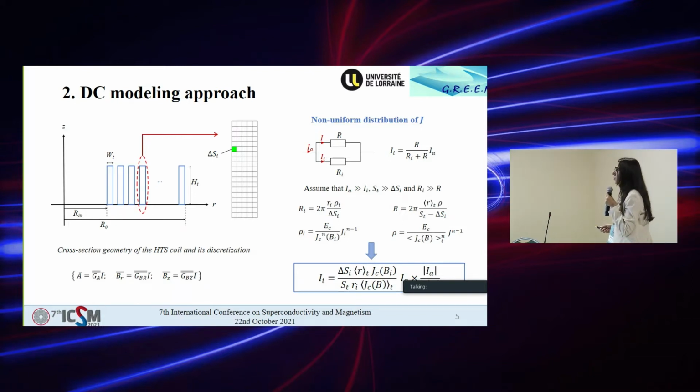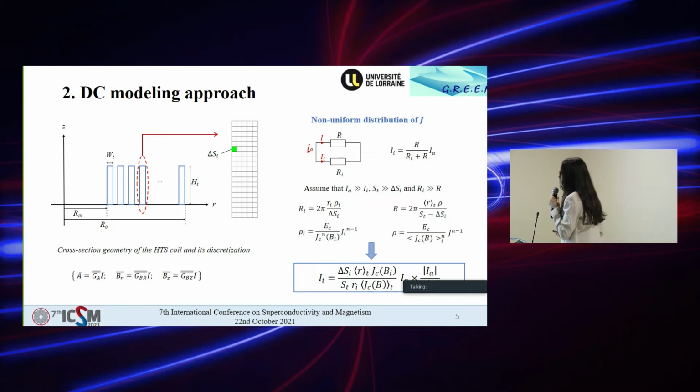non-uniform distribution of J. The coil is fed by a DC current Ia, and using the current divider, we can express the current in each elementary section as follows, where Ri is the electric resistance of the elementary circuit of section delta S, and R is the resistance of the tape of section ST excluding delta S. Using the power law, we can finally obtain the expression of the current in each elementary section located at radial coordinate Ri and depending on the applied current.